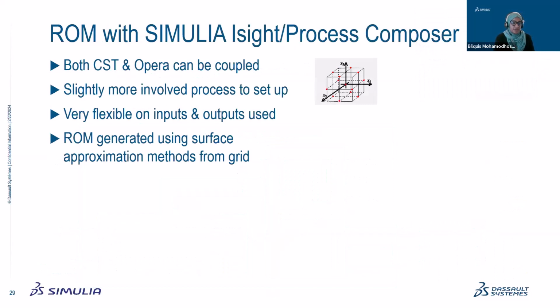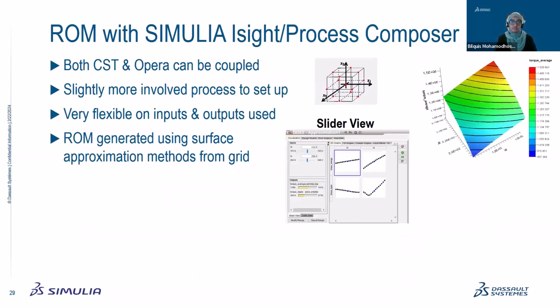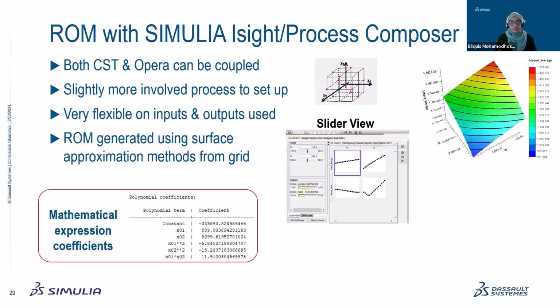You can also use iSight and Process Composer for that, coupled with CST or Opera. It is a slightly more involved process, but the biggest advantage is that it is very flexible in terms of the inputs and outputs that you can use in that model. And also you can make use of the surface approximation methods that are available from iSight or Process Composer.